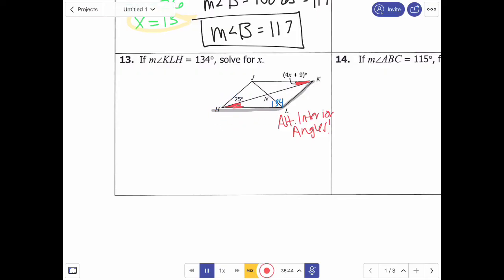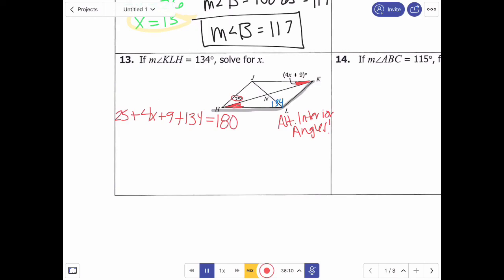I'm going to take 25. That's this guy. Plus this red angle that I highlighted, 4x plus 9, plus 134, and that should equal 180. Okay, now I can combine my like terms.